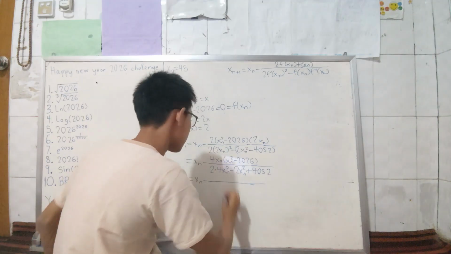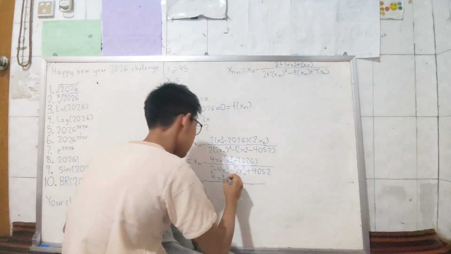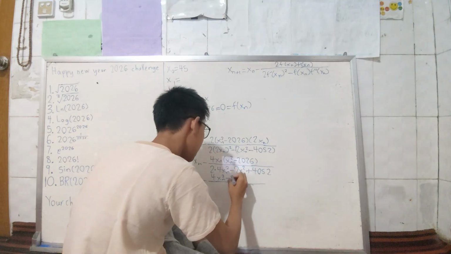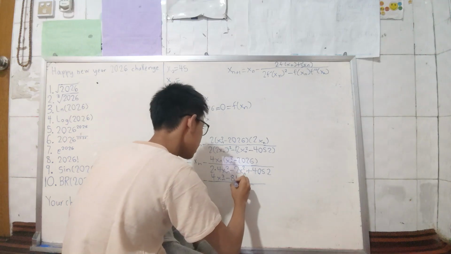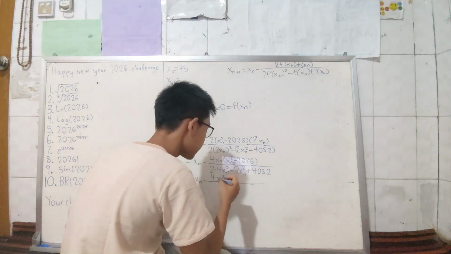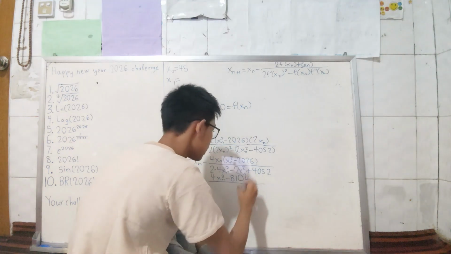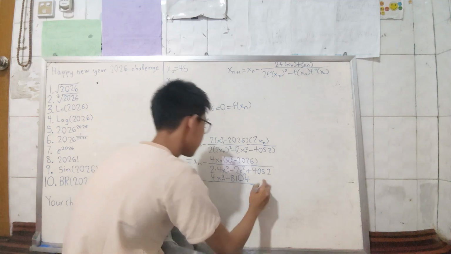So 4 times x of n cubed minus 4 times 2026, that's 8104.